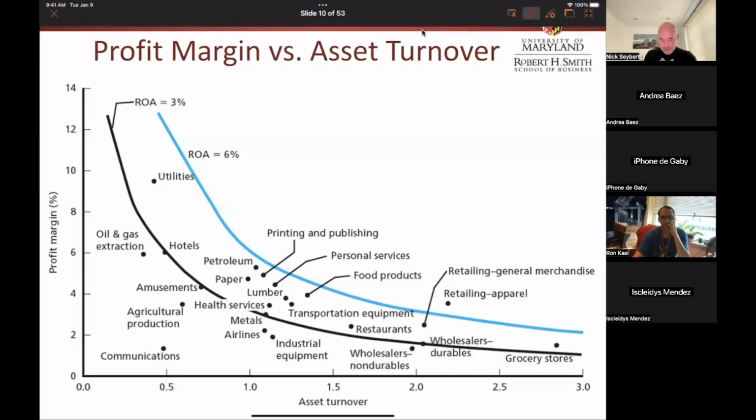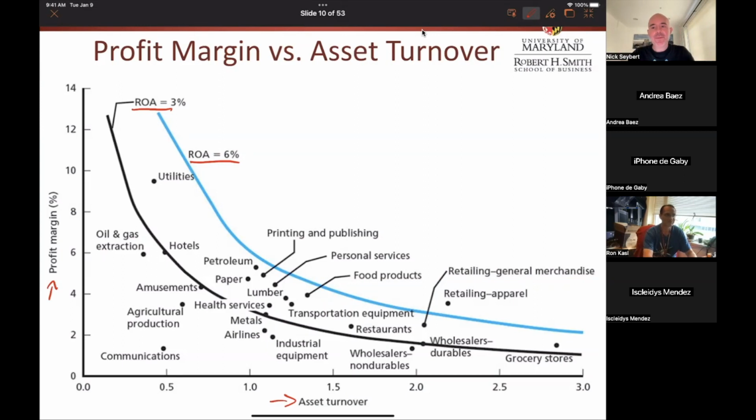Down here on the x-axis we've got asset turnover, one of the ratios we just talked about. And on the y-axis, we've got profit margin, the other ratio we just talked about. We just learned that if you multiply profit margin by asset turnover, you get return on assets, right? So these curves represent the overall level of return on assets.